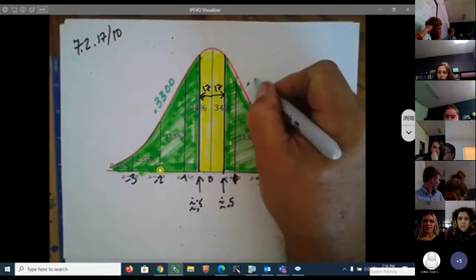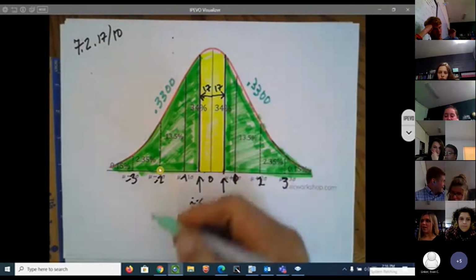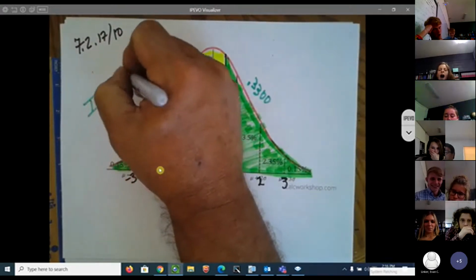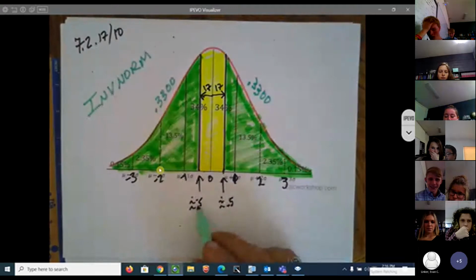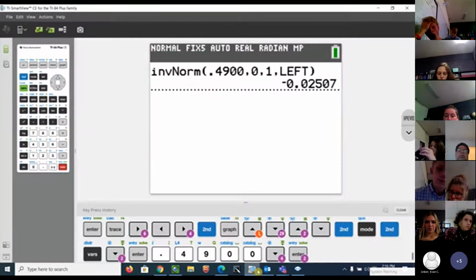So all we got to do is find one. And I'm going to use the inverse norm over here on the left because they're symmetrical. Once you find this z-score, you're going to find this z-score. So take our handy dandy calculator and do inverse norm.